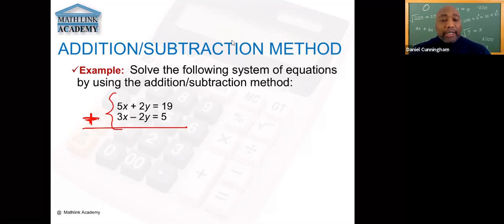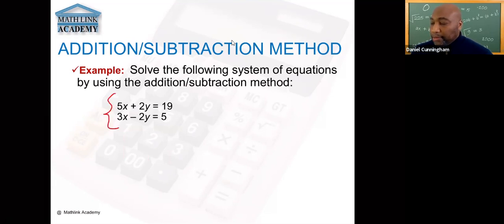So if your x is not lined up, rearrange your equation so the x's are lined up, the y's are lined up, and the numbers are lined up. In this example, our x's are lined up, our y's are lined up, and our numbers are lined up. And so to use the addition method or the elimination method, we're just going to add.